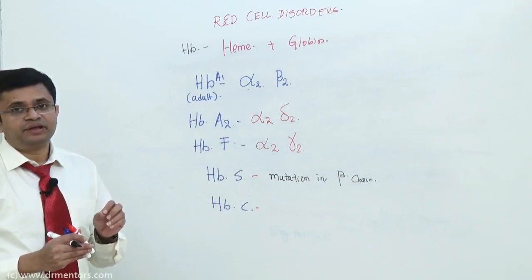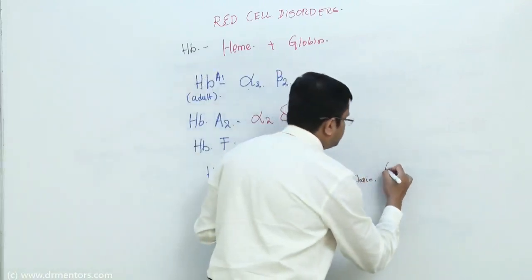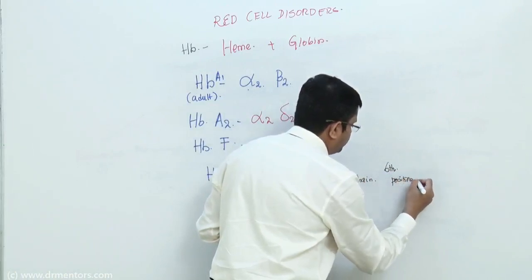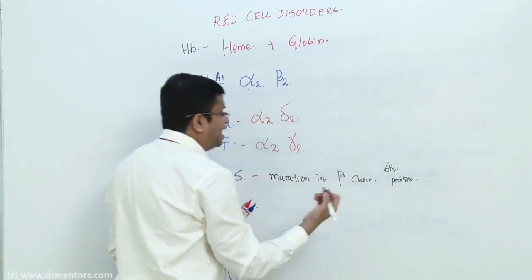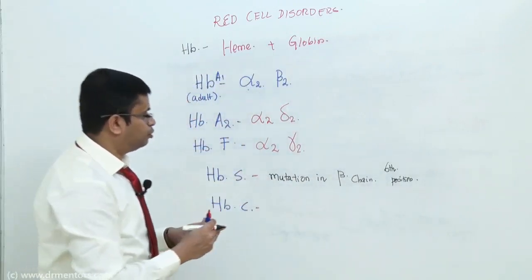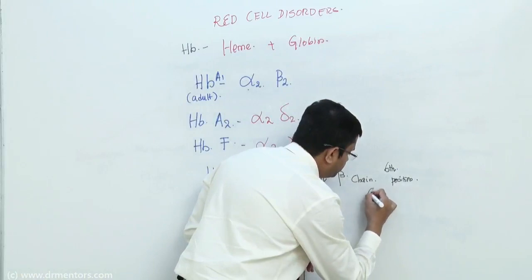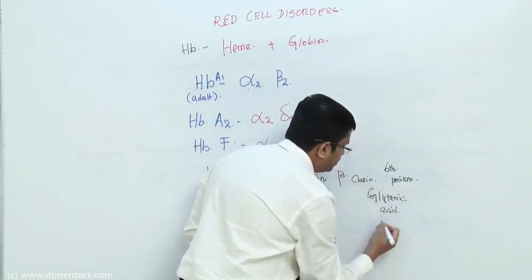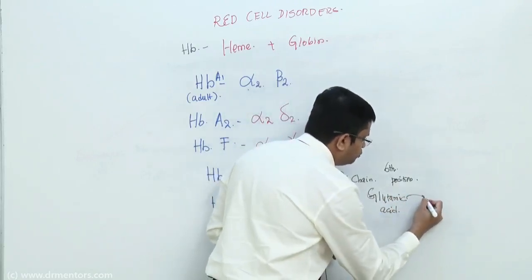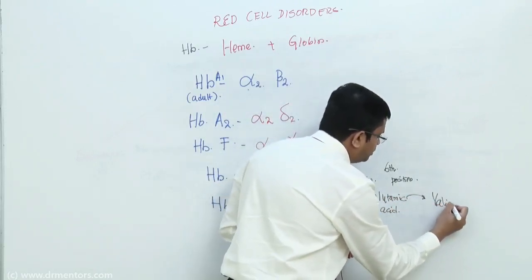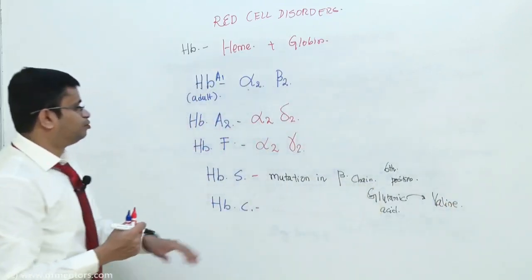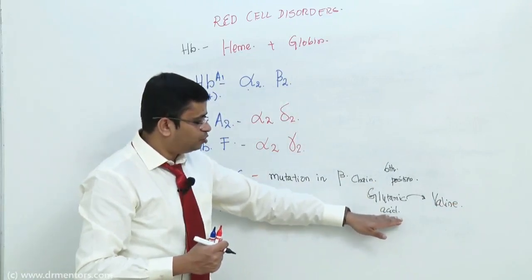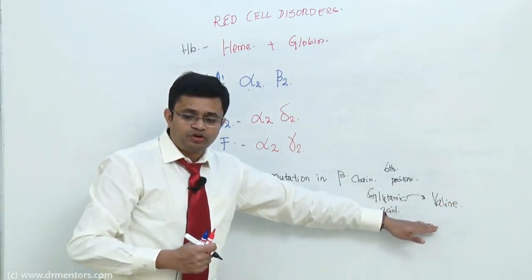Especially at the 6th position, where glutamic acid is getting substituted into valine. So at the 6th position of the beta chain, there is a point mutation where glutamic acid becomes valine.